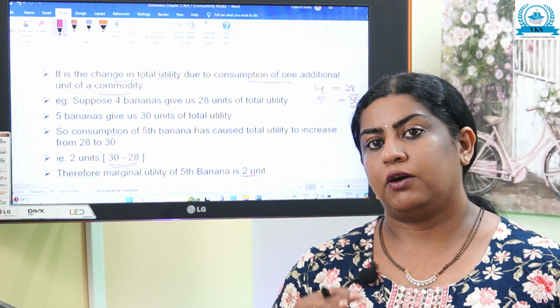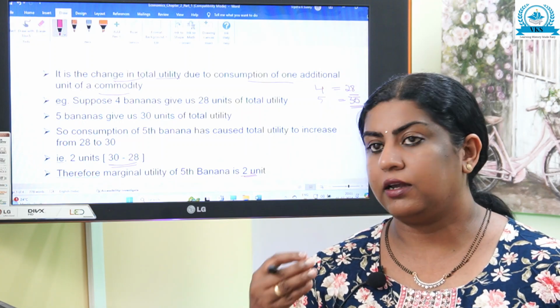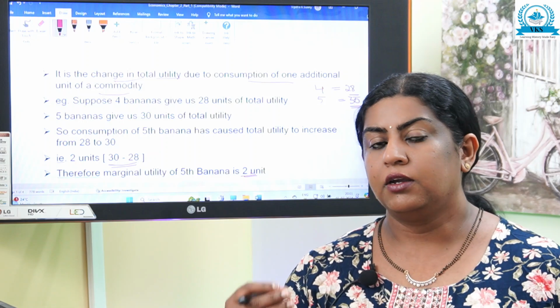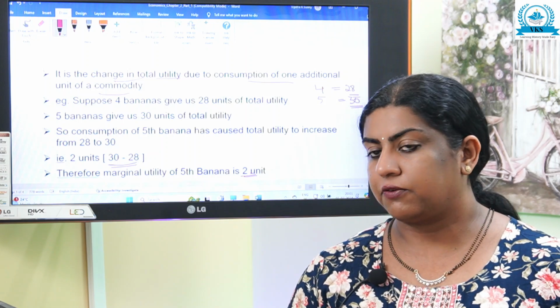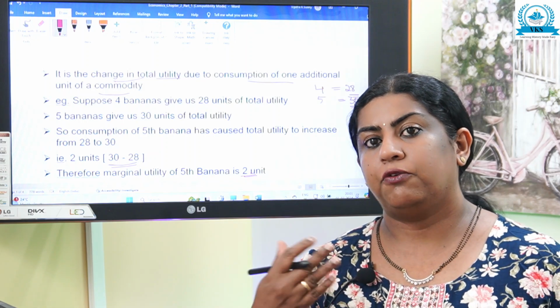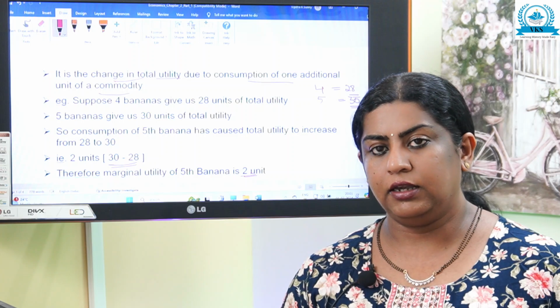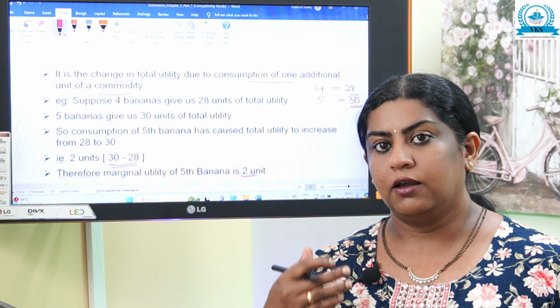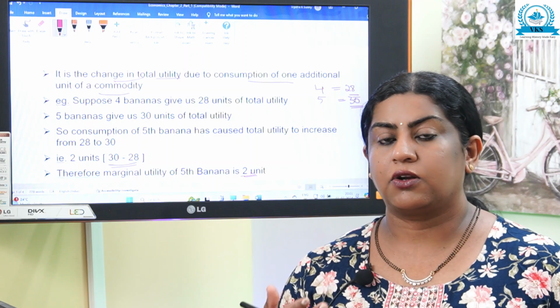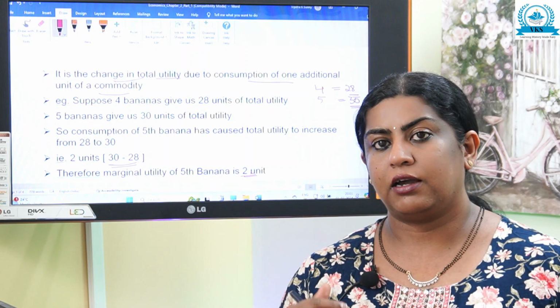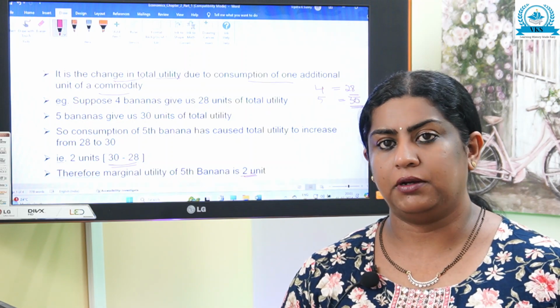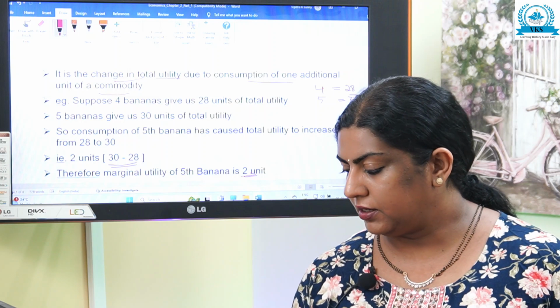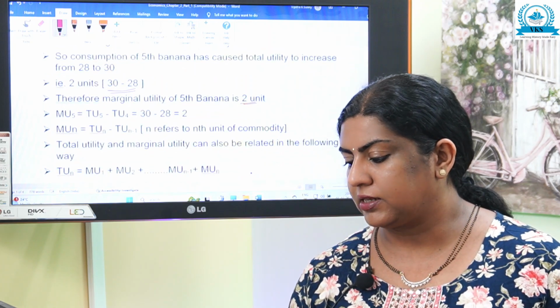That is, if you first eat 4 bananas and it gives you 28 units of total utility, when you eat the 5th one, it increases to 30. That means the marginal utility is the difference between both. How much more satisfaction or utility you had by having the additional banana. So that is 30 minus 28, 2 units.